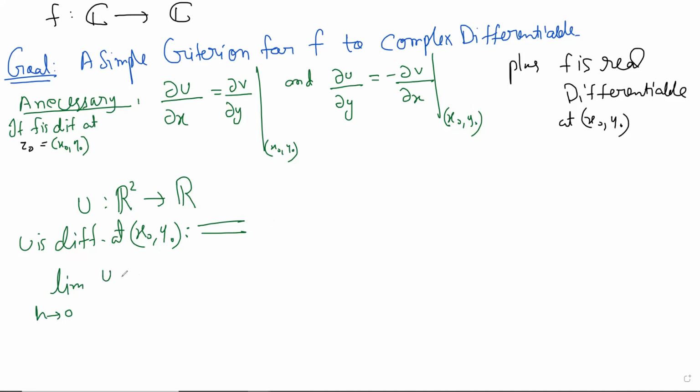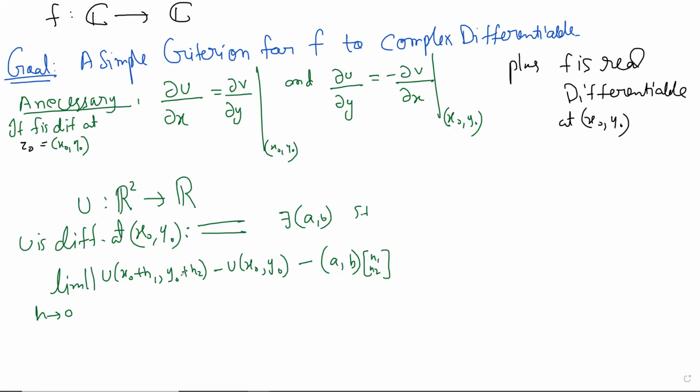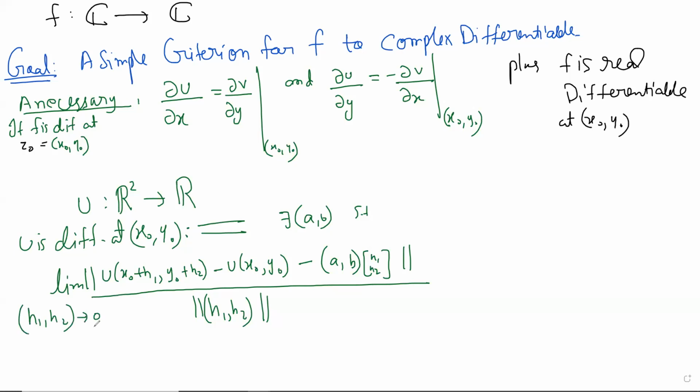you take this difference, and then there should exist a comma b such that the dot product with h, the modulus of this, divided by the modulus of h, which is h1 comma h2, same thing, goes to 0.